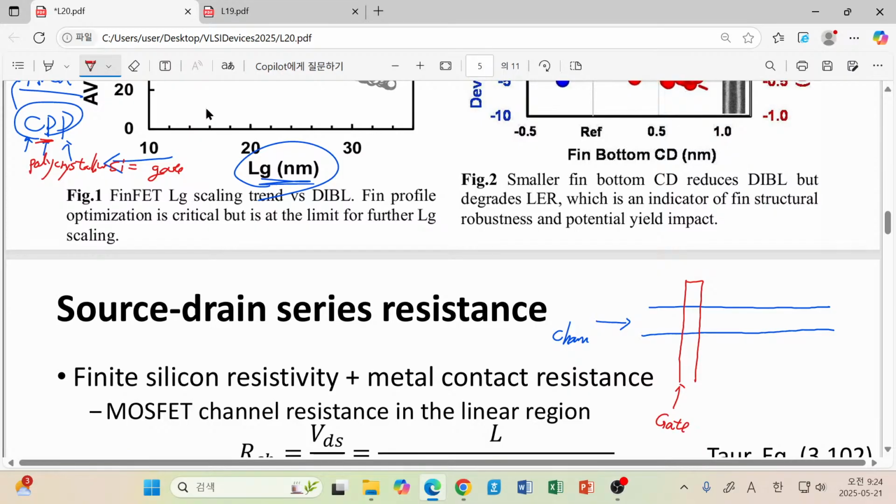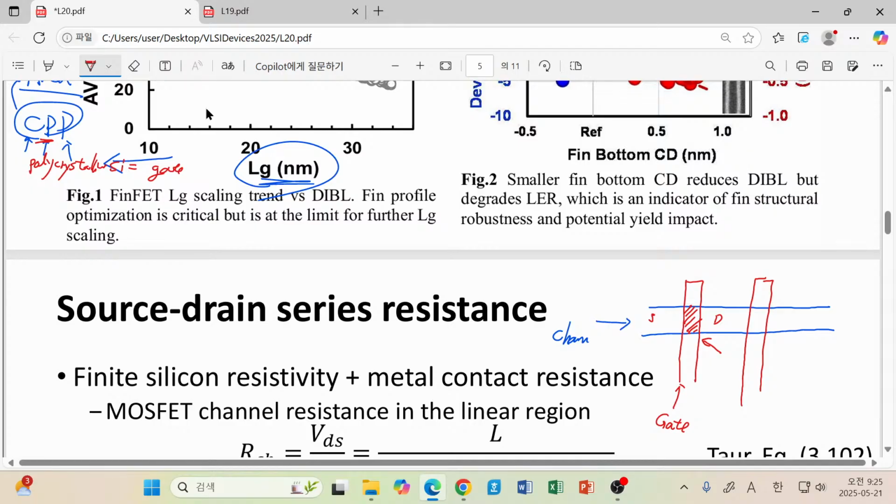Silicon is covered by gate metal. This overlap or intersection between these two lines corresponds to the intrinsic MOSFET channel. So this is the channel region, and here we have, for example, the source, and here a drain. And if we have another gate line running in this case, that is another transistor.